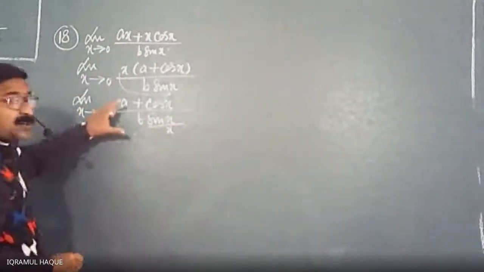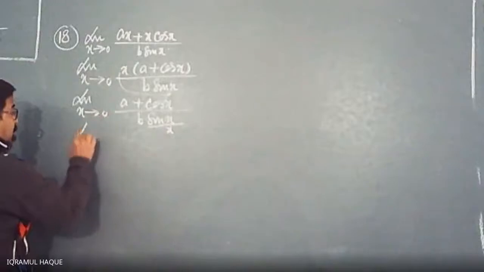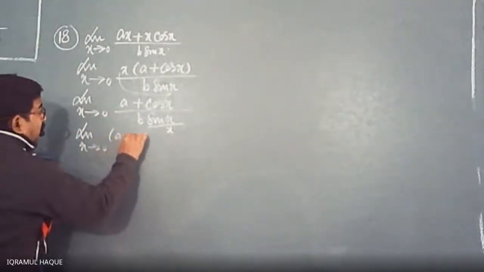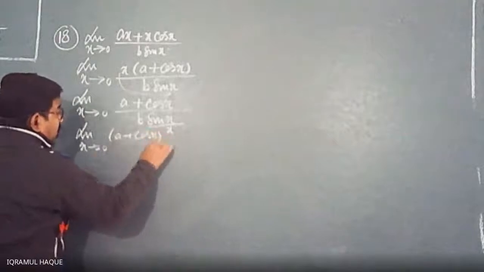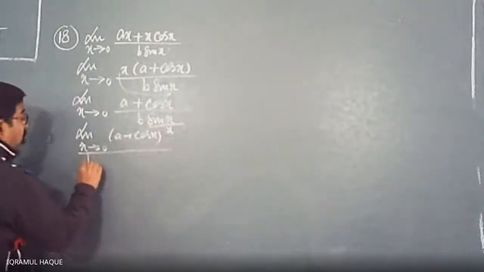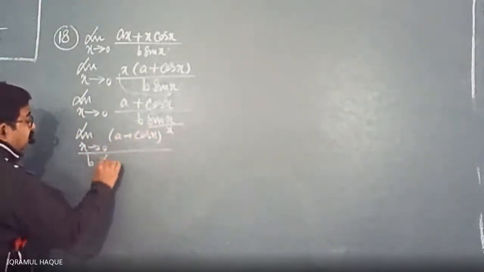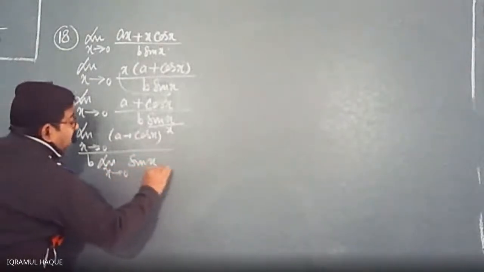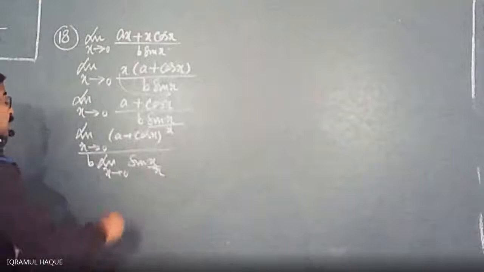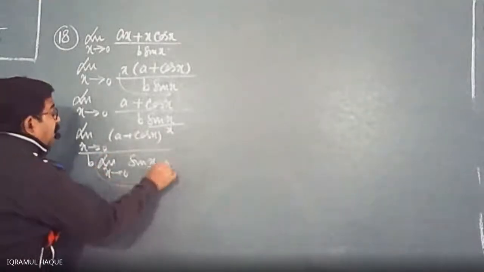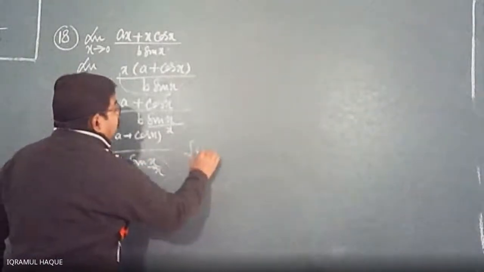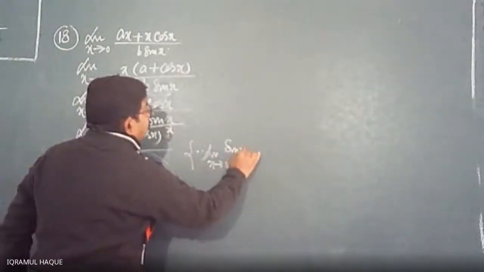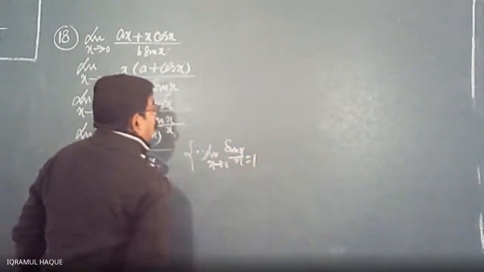We can separate numerator and denominator. See, limit x tends to 0, a plus cos x upon b is constant, limit x tends to 0, sin x upon x. And you are aware that sin x upon x is 1, since limit x tends to 0, sin x upon x is equal to 1.